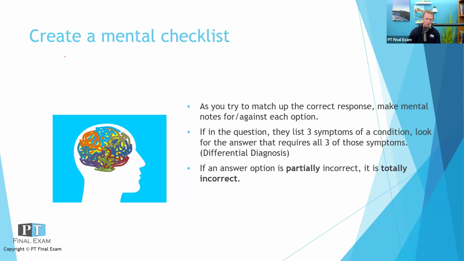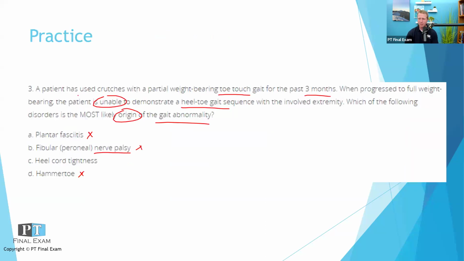Now, I have had students who keep score on their answer options. Like in this last one, say plantar fasciitis could result from a prolonged toe touch gait, meaning that they have a lot of tightness in their heel cord and they do eventually possibly develop plantar fasciitis. You can see how you could put one imaginary point to say, all right, plantar fasciitis, maybe it's in the running.